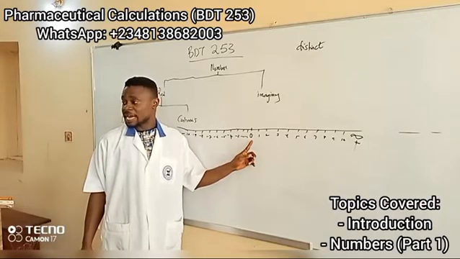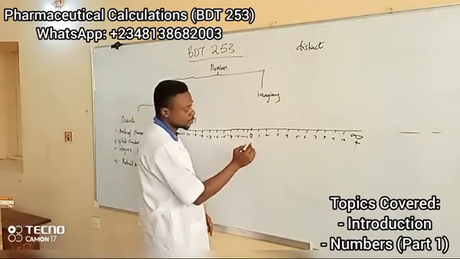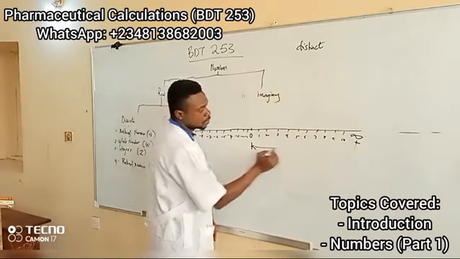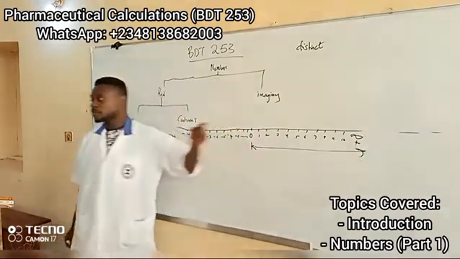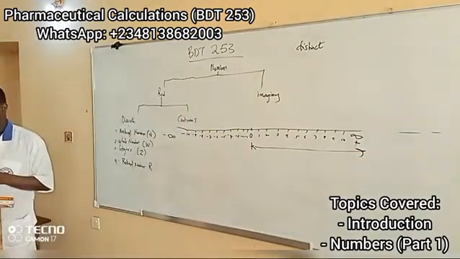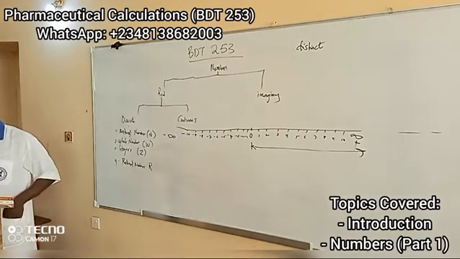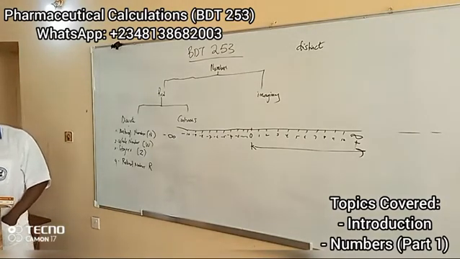Natural numbers are numbers from 0 to positive infinity. So they are integers.